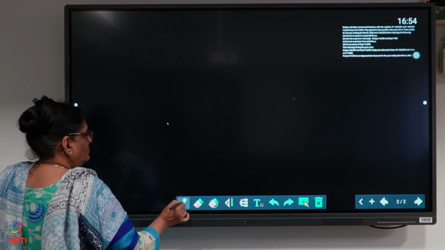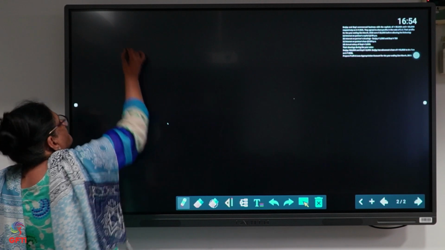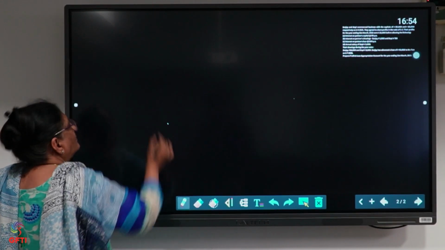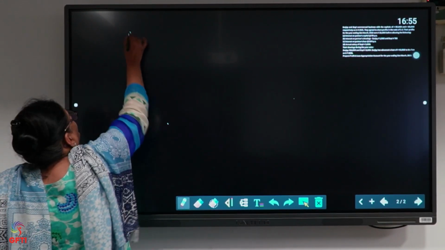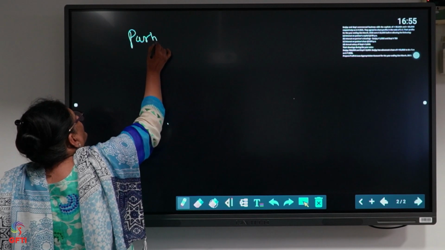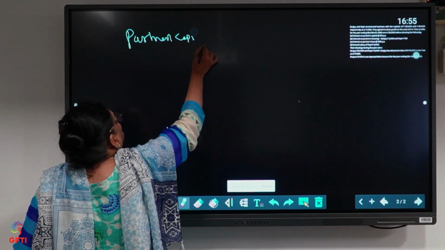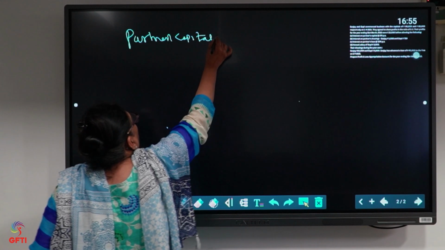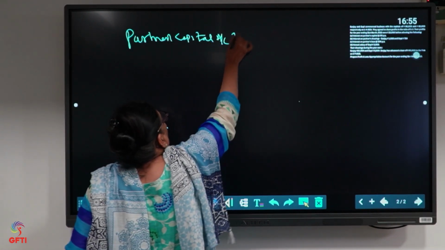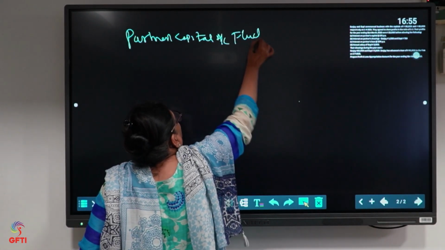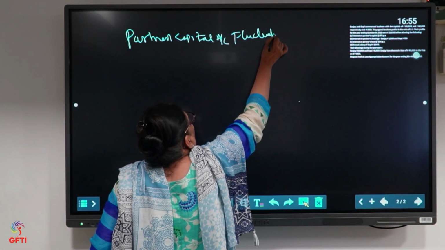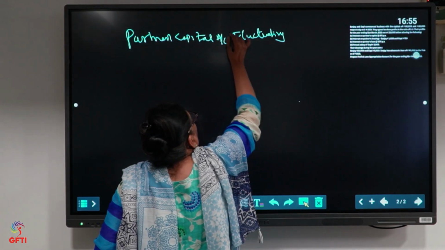Partners' capital account, fluctuating method.